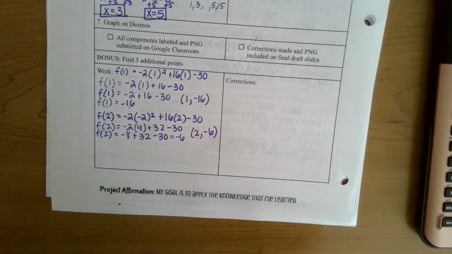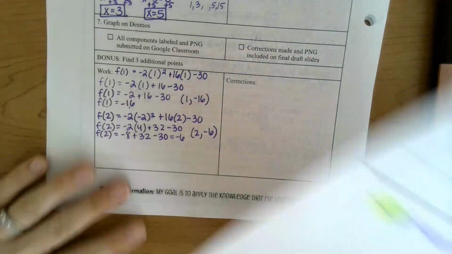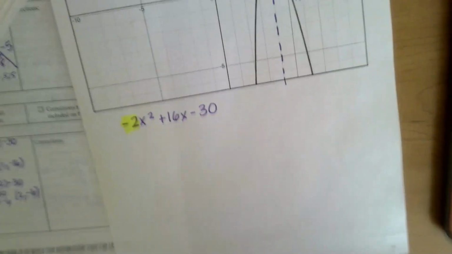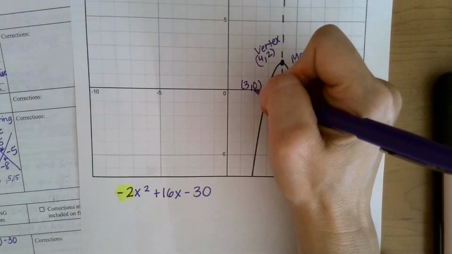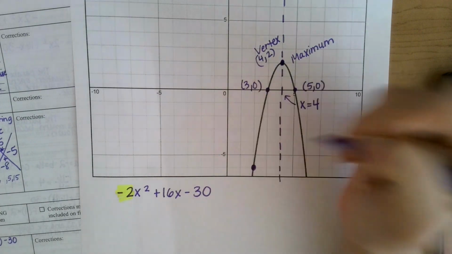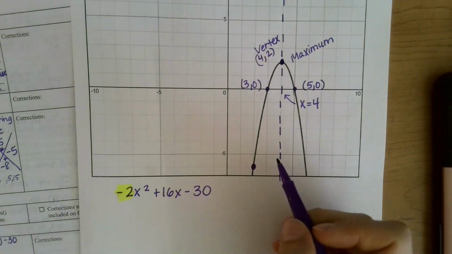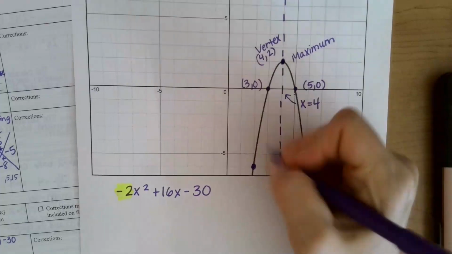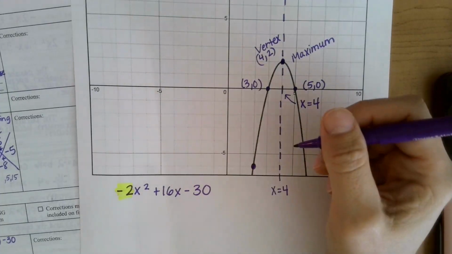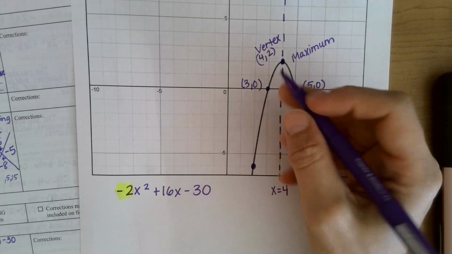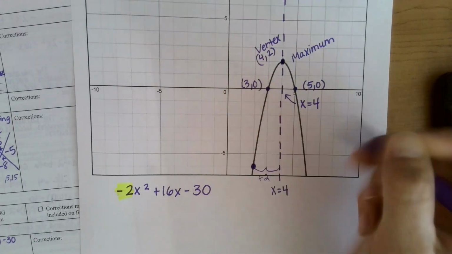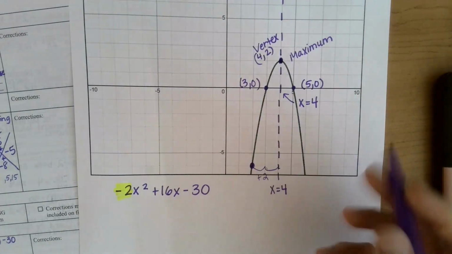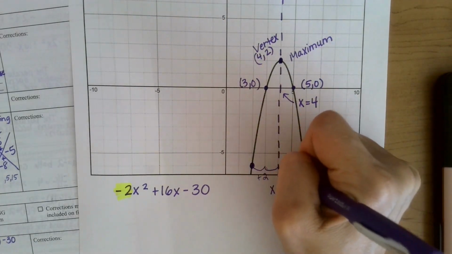And then now remember, one of your points you have to use the axis of symmetry. So if I go back to my Desmos graph, so let's see, oh good, it shows here. So 2, negative 6 is right here. So if my axis of symmetry is at x equals 4 here, I know that I have to add 2 to get to the axis of symmetry, and then if I double that, I have to add 2 again.